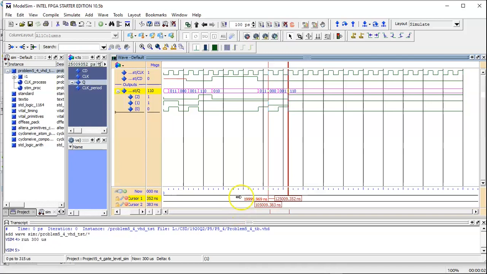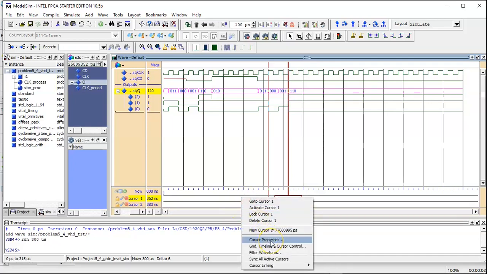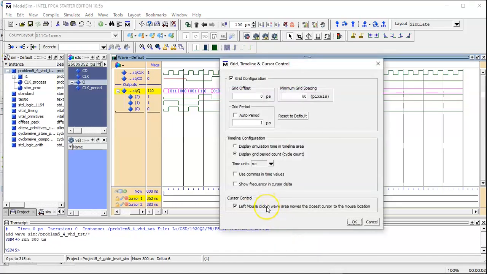Well, there is this annoying thing: you can switch off these vertical lines which are not locked to the rising edges. You can get rid of this in this way. Display the grid period count. I think that is this.